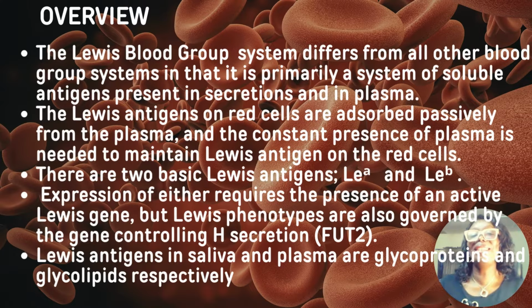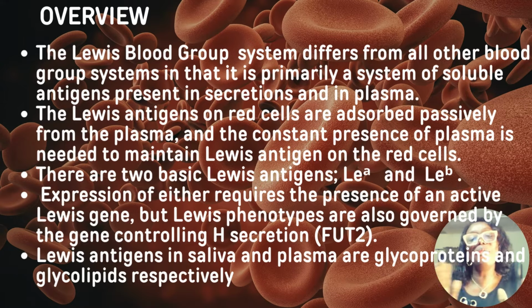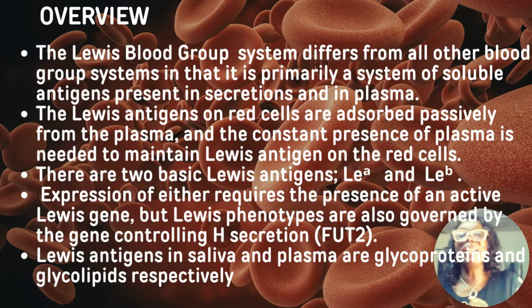The Lewis antigens on the red cells are absorbed passively from the plasma, and the constant presence of the plasma is actually needed to maintain Lewis antigens on the red cells. There are two basic Lewis antigens. Basically, we have Lewis A and Lewis B, like we said earlier, and others that we are going to look at later.